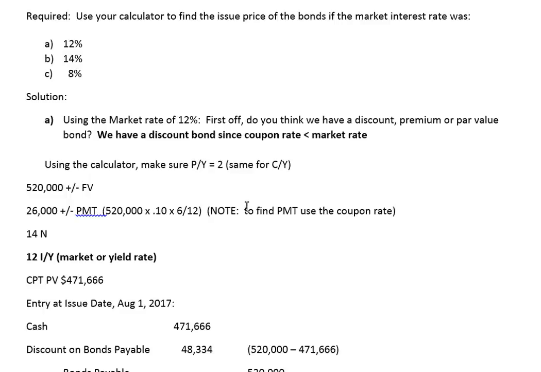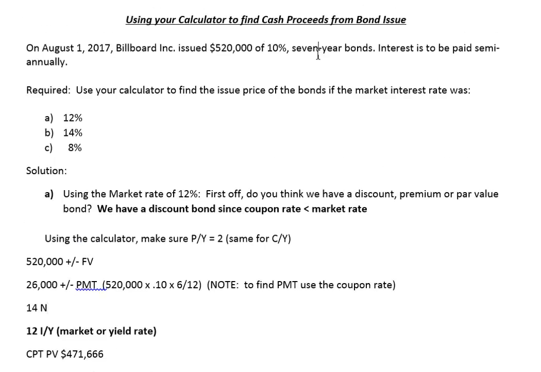We also have to make a payment every 6 months of $26,000. How do we get that? We take our face value times our coupon times 6/12, which is half a year. Don't forget, to find your PMT, your payment, you use your coupon rate. We know we pay out interest 14 times over a 7-year period, twice a year, semi-annually.